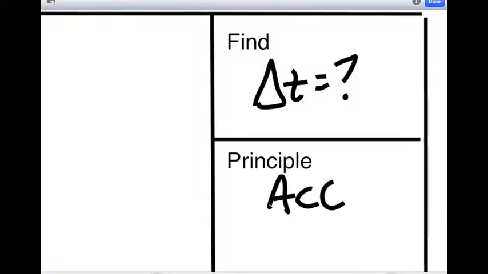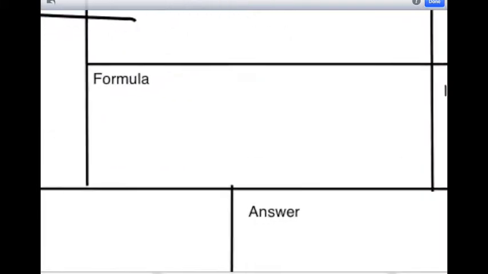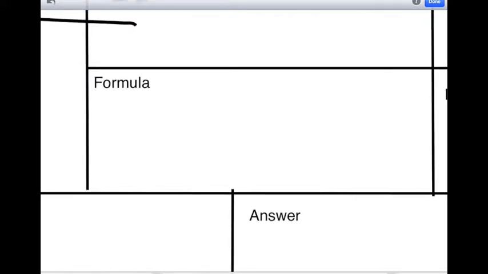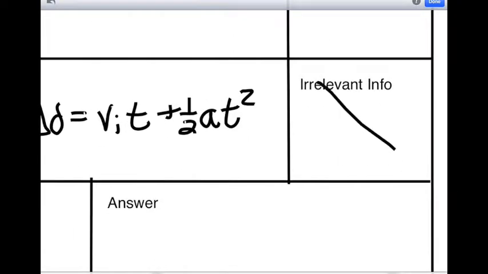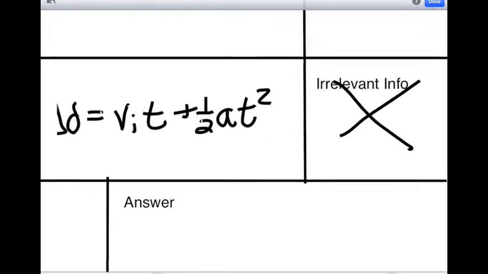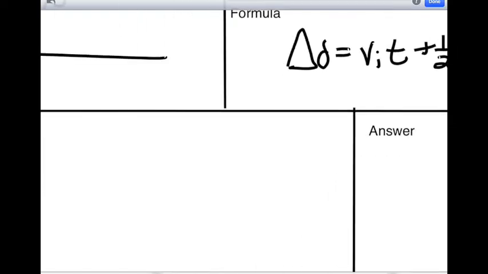So now we scroll back and we say, okay, the formula that I'm going to be using is delta D equals v_i t plus 1/2 a t squared. There is no irrelevant information in this problem, and what we're trying to do is solve for t. So now if we start and we say, okay, what do we know?